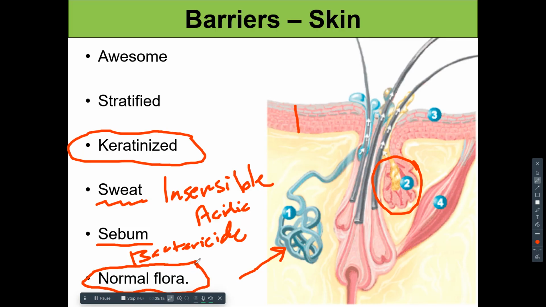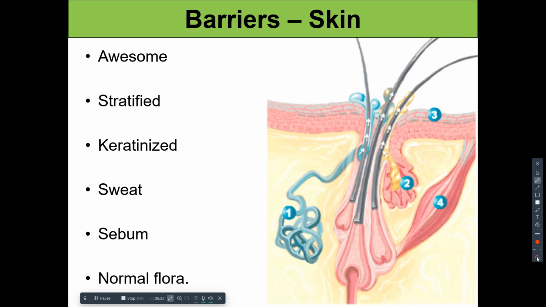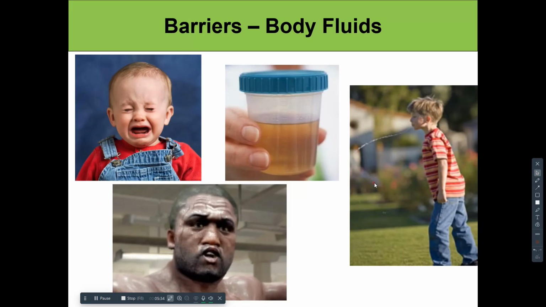And the good thing about good bacteria is they are using up resources that could otherwise be utilized by the bad bacteria, so nutrients, oxygen, water, etc. All right, so that's our skin, which is a super major awesome barrier.